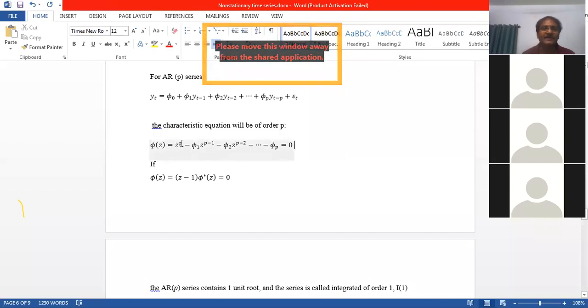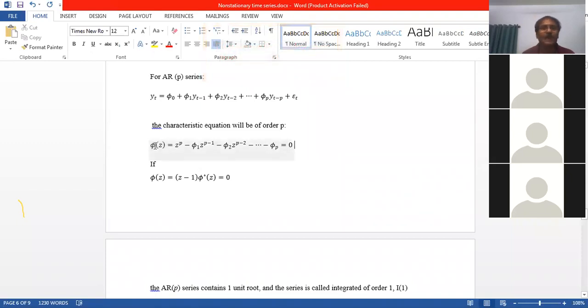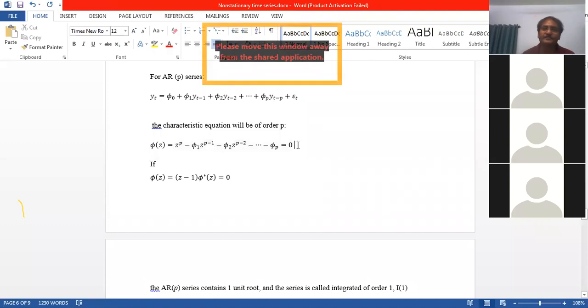So suppose this expression is denoted by the symbol phi of z. So phi of z equal to 0 is the characteristic equation for ARP. Phi of z actually is equal to this. The structure of phi of z is z to the power p minus phi 1 z to the power p minus 1 minus phi 2 z to the power p minus 2, in this way the last term is minus phi p, equal to 0.